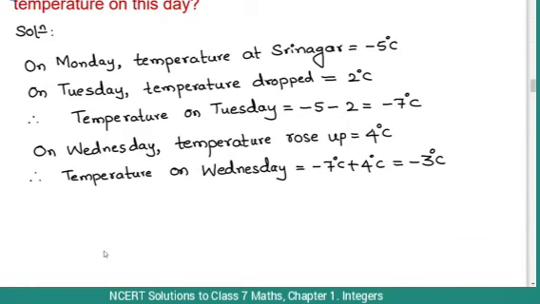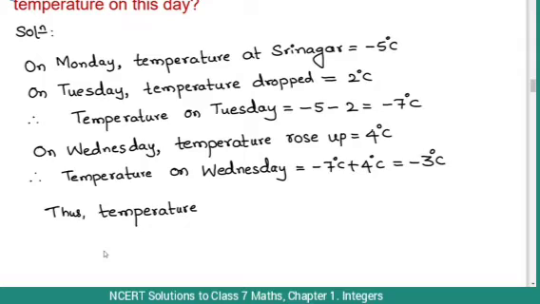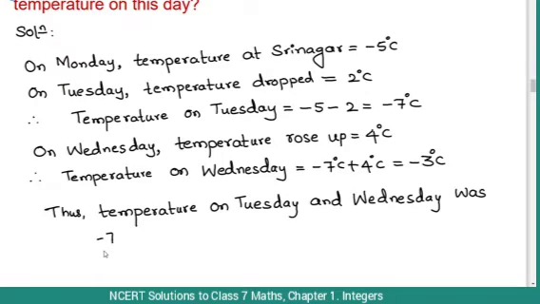Thus, temperature on Tuesday and Wednesday was minus 7 degrees Celsius and minus 3 degrees Celsius respectively.